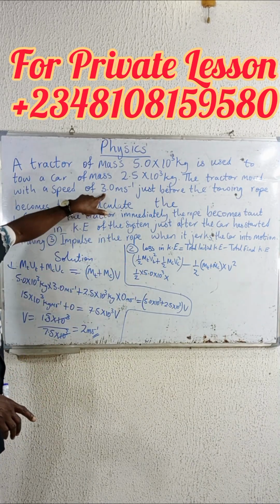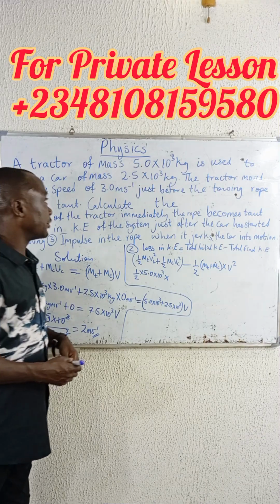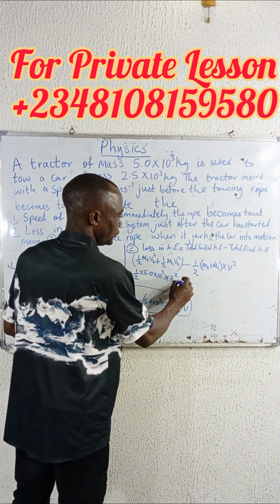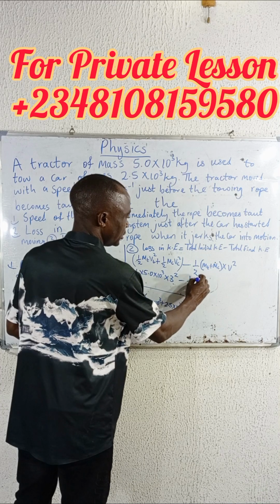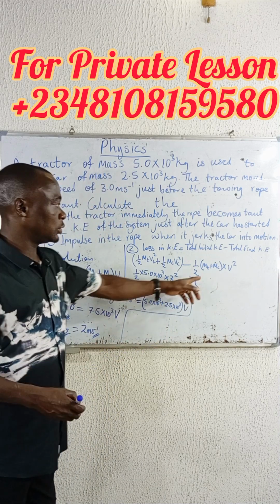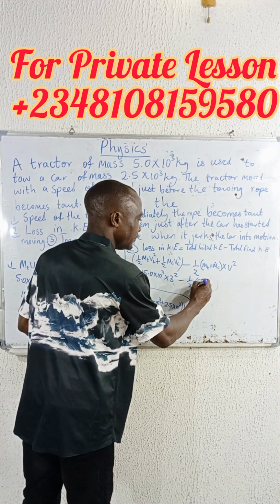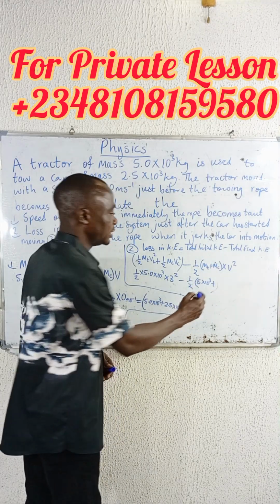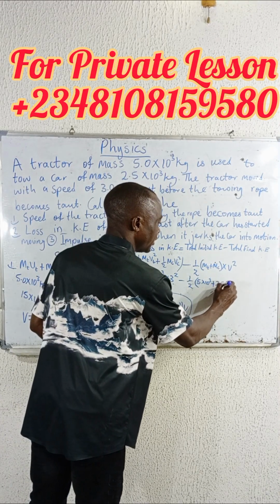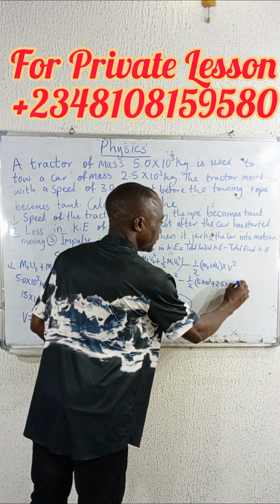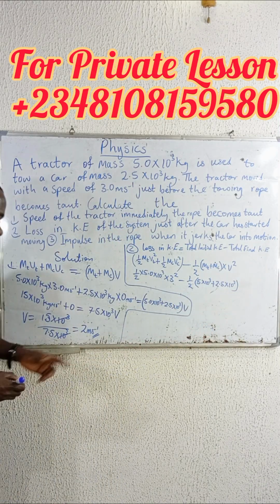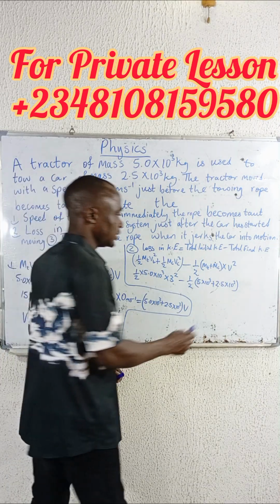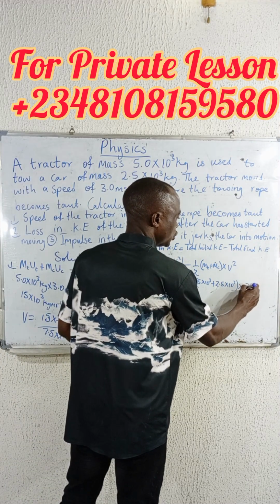The tractor was moving with a velocity of 3, so 3 squared, minus the mass of the tractor, which is 5 exponential 3, while the mass of the car is 2.5 exponential 3. Their common velocity is what we just calculated, which is 2 meters per second. So that will be times 2 squared.